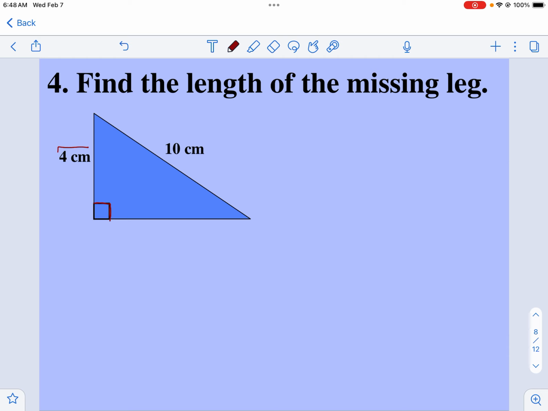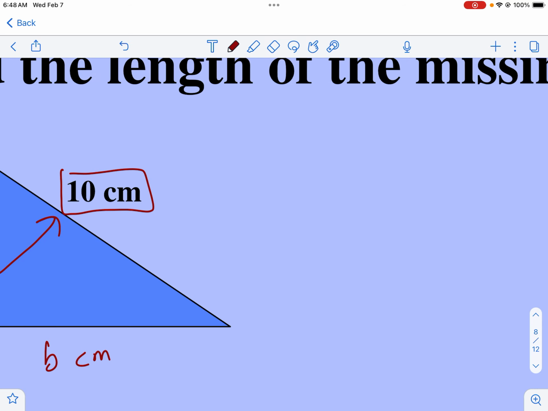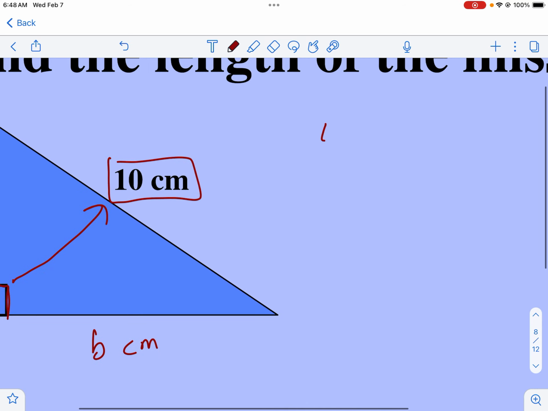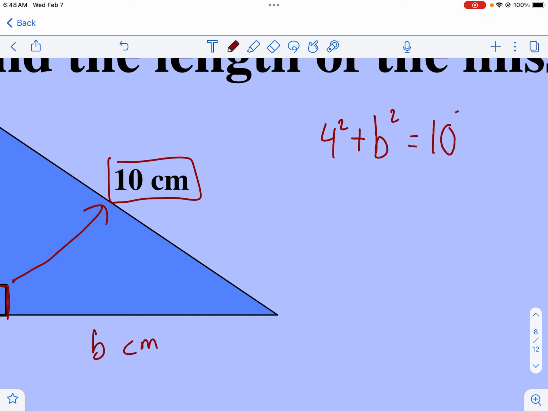So I'm given 4, which is a leg, but then I'm given 10. Remember, 10 is opposite that right angle, meaning that's the hypotenuse. And then I have x centimeters. I can call that b, maybe. b centimeters. So I'm unsure what my other leg is, okay? It says find the length of the missing leg. So I'm going to go ahead and write down 4 squared plus unknown value b squared equals 10 squared.